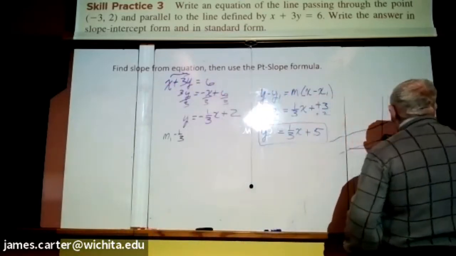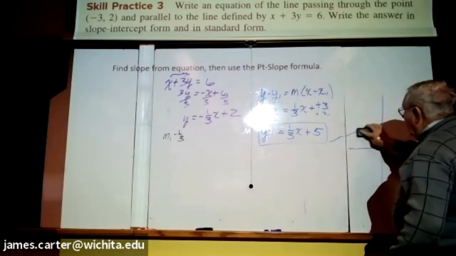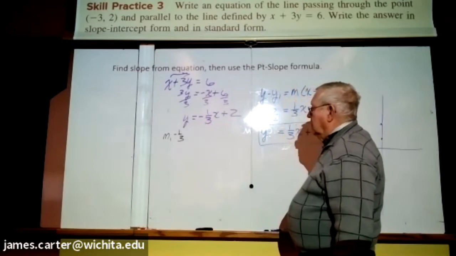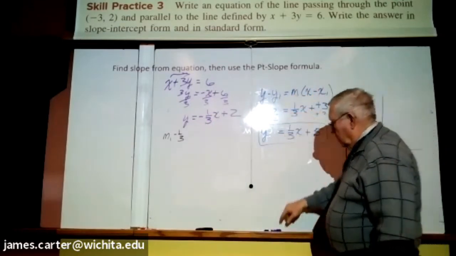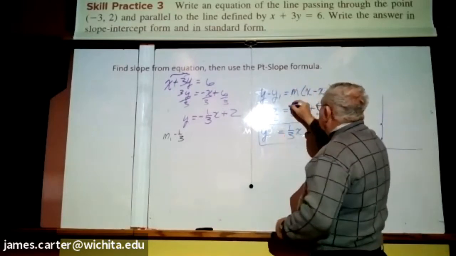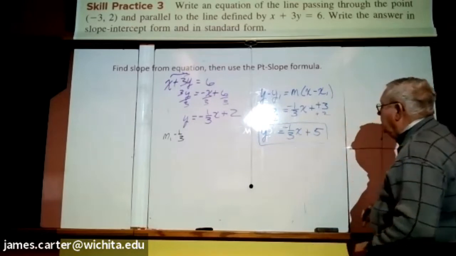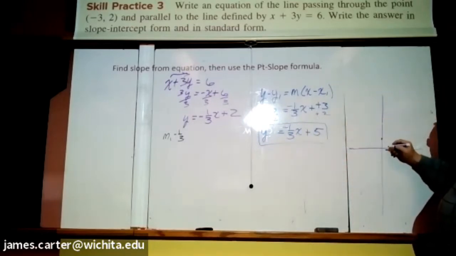Everything up here is wrong because I dropped a negative sign. This should have been a negative here. This should have been negative here. This should have been negative here, which should have made my graphing somewhat different.